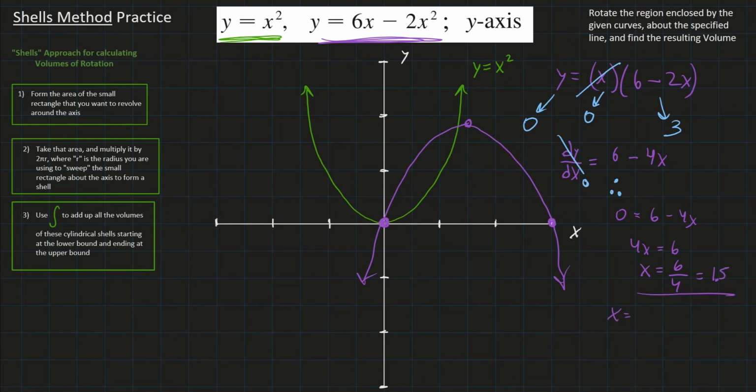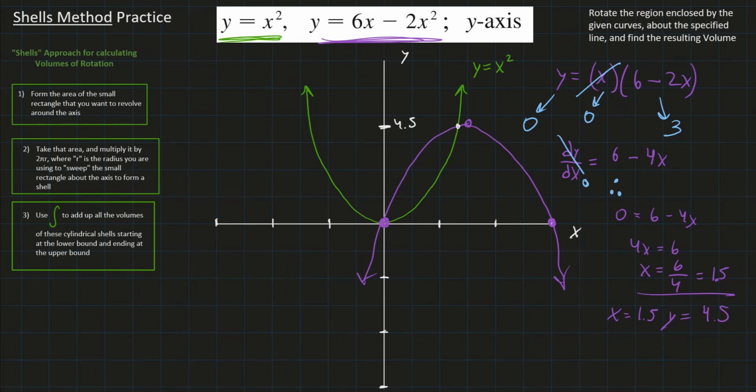Okay, and when x is equal to 1.5, our y is equal to, if you plug that 1.5 into this equation, what will we get? We're going to get 4.5. Unfortunately, my graph only has up to 3. So let me just erase that. And let's just call this height here 4.5.